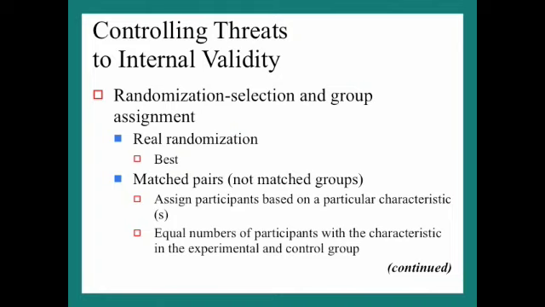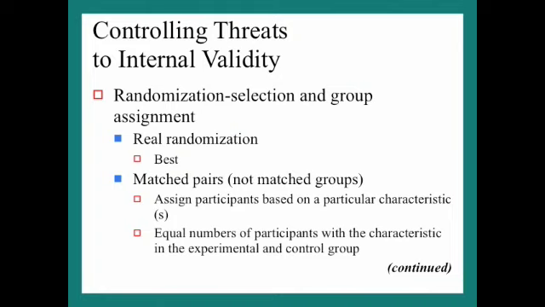Another type of randomization is called match pairs, not match groups. This is where we assign participants based on particular characteristics. For example, we can assign participants based on gender, experience level, grade level, those types of things.